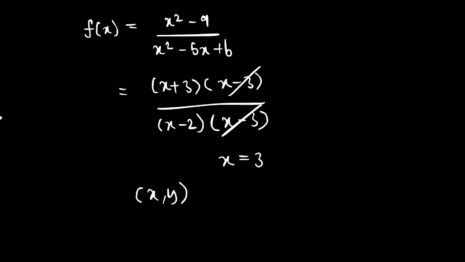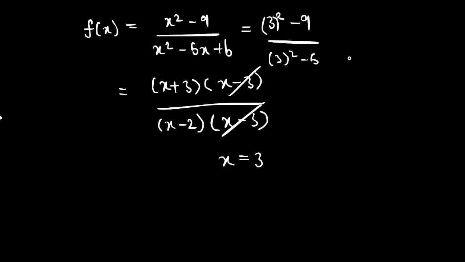Remember, any function, if we plug in the x value, will output the y. So what we want to do then is substitute our x into this function in order to find the y. So that would be giving you 3 squared minus 9 over, again, 3 squared minus 5 times 3 plus 6.